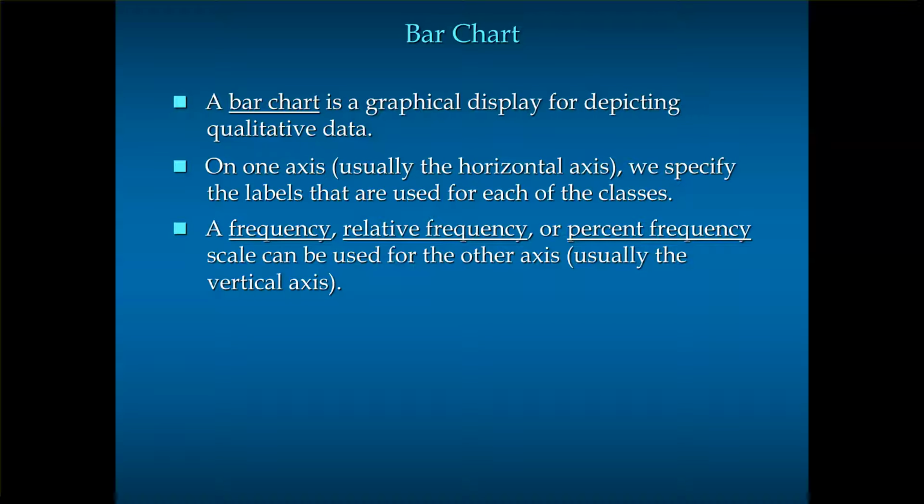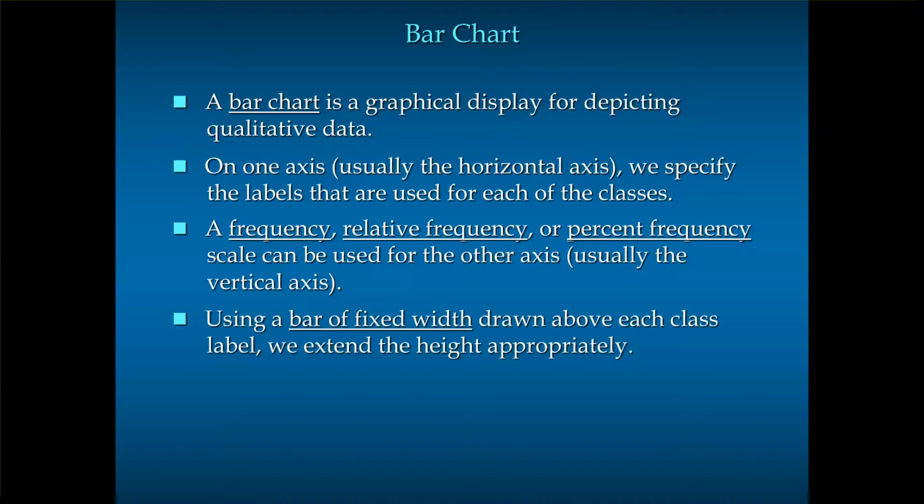A frequency, relative frequency, or percent frequency scale can be used for the other axis. So the vertical axis will be labeled with the frequency, relative frequency, or percent frequency. Which means the horizontal axis is labeled by the names, and the vertical axis is labeled by the numbers.